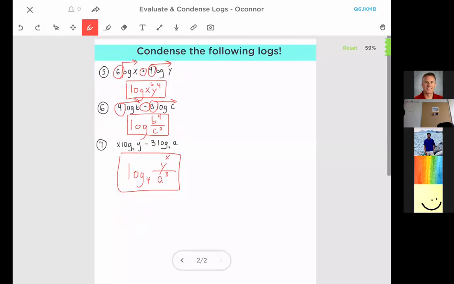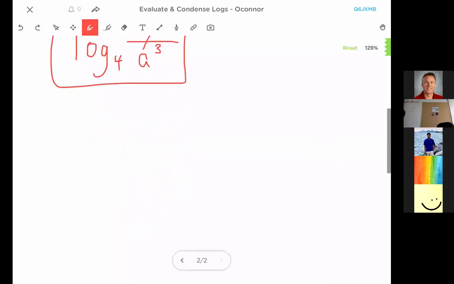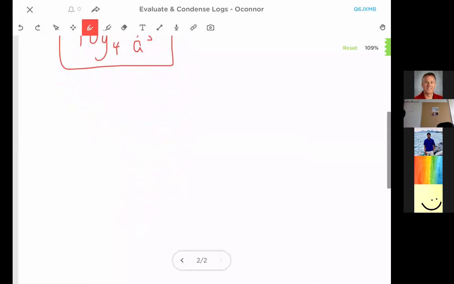Okay, and if we did something like this, just to connect a couple of things, if I had log base 3 of 9, what is log base 3 of 9? 2, right? Because 3 squared is 9. So that's 2.